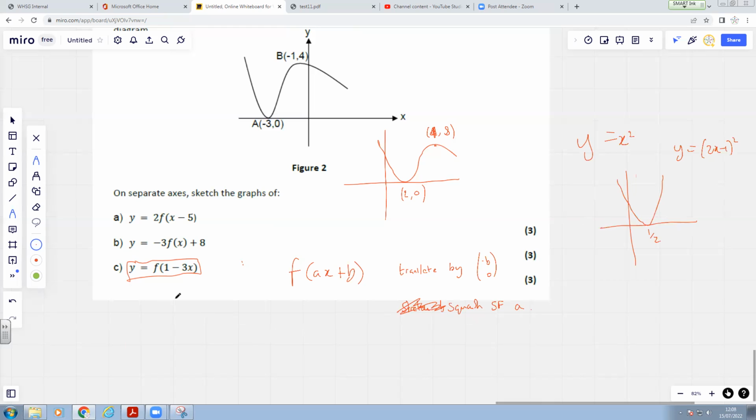So let's use a similar principle here, but we've got minus 3x plus 1. We're first going to move that graph 1 to the left, which puts it at minus 4, 0 and minus 2, 4.